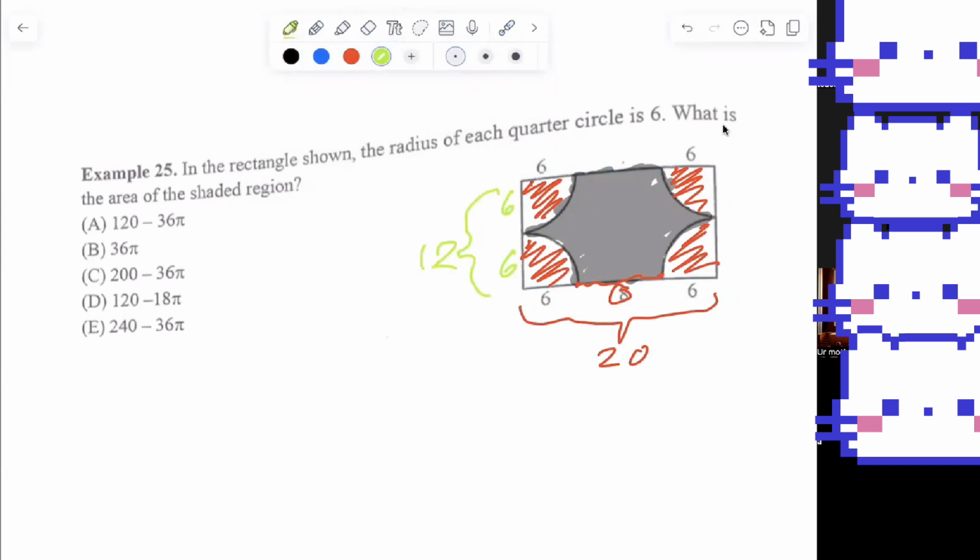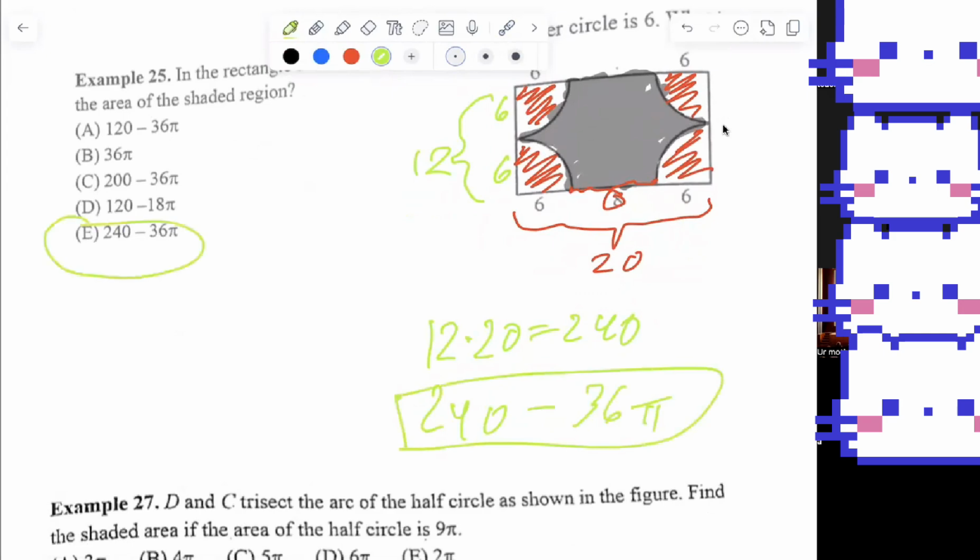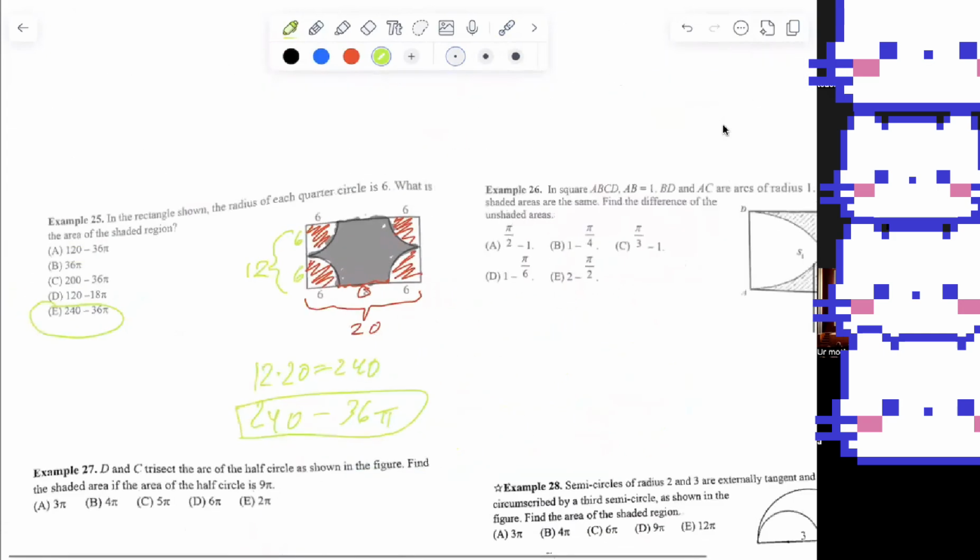A circle's definition is that the center is the same distance from each of the points on the circle. The area is 12 times 20, which is 240. That's the total area. We want the shaded region, so we subtract 36 pi. That gives us E over here. On to the next one.